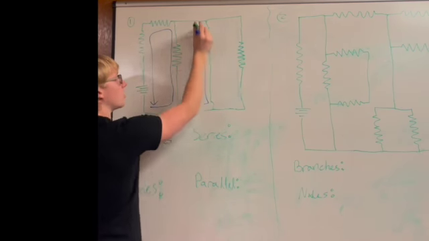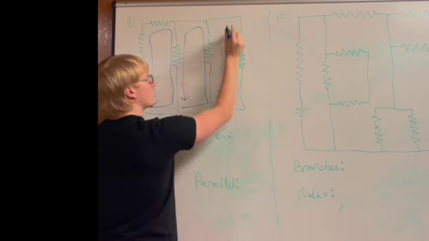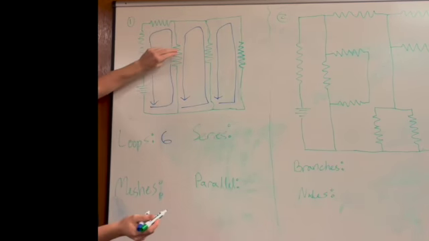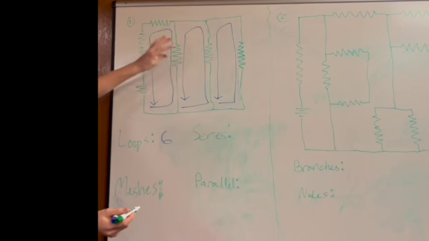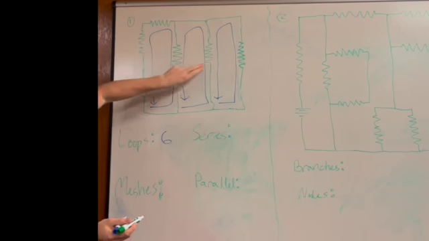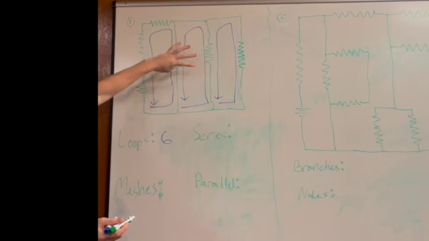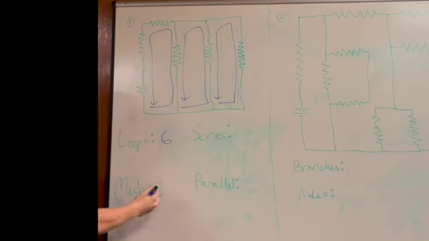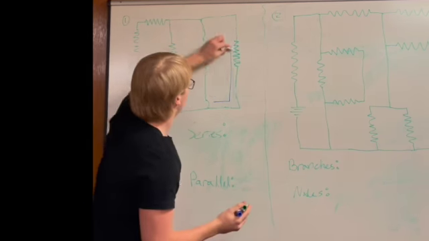Here's our second mesh. Here's our third mesh. And that's it. If we took a loop all the way around this thing, it wouldn't be a mesh because there's resistors, that's what those squiggly lines are, on the inside of that loop. And so the number of meshes we have is 3.